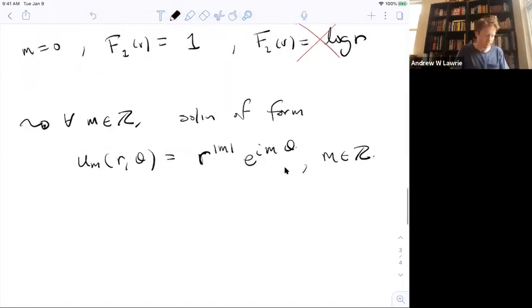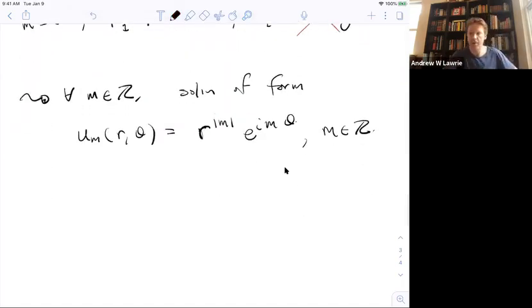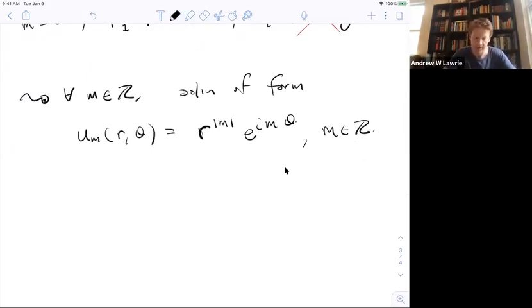Okay, and so again, arguing as last time, the linearity of the Laplacian means that we can take linear combinations of these and still get a solution. And of course, we haven't mentioned the boundary conditions at all, that u should be equal to f on the boundary, when r equals 1.